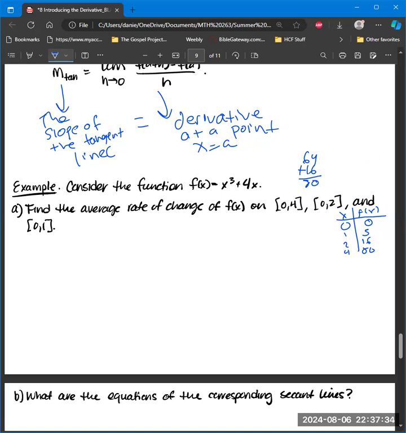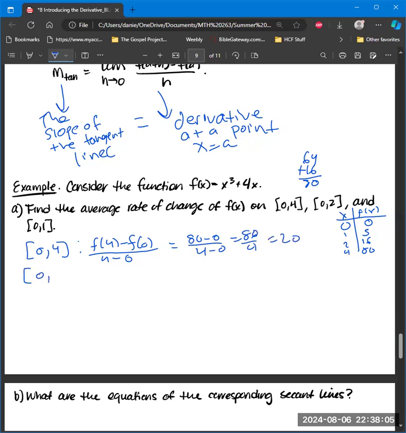Okay, so for the interval of 0 to 4, we have f of 4 minus f of 0 over 4 minus 0, which is 80 minus 0 over 4, 80 over 4 is 20.